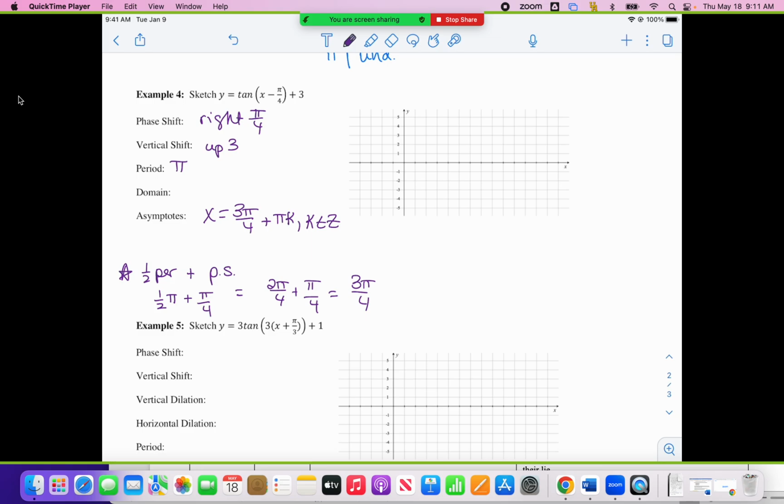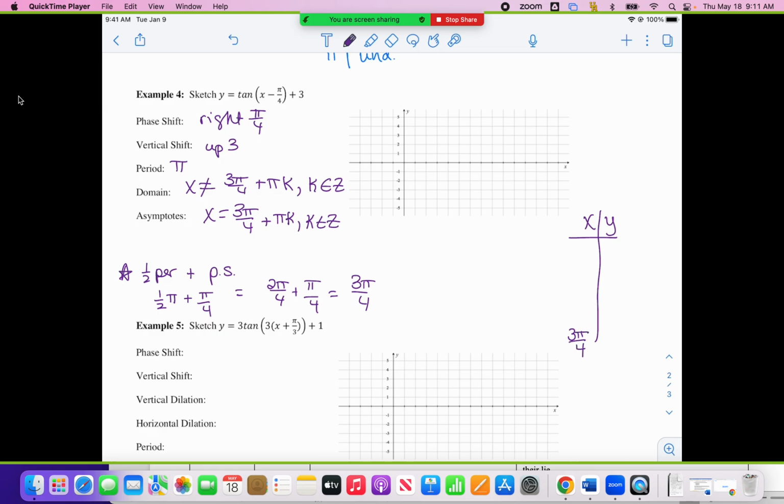And now this is where the table gets harder, okay? This is going to get harder with the phase shift. So my domain then is everything except where your vertical asymptotes are. So at the end, that's 3 pi over 4. Now this isn't as easy.